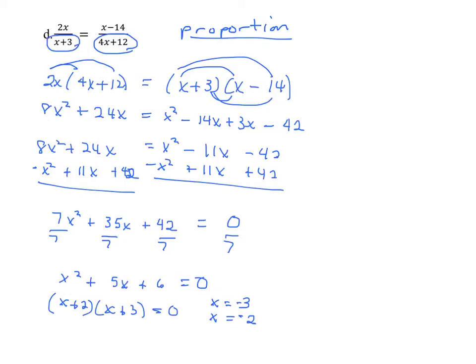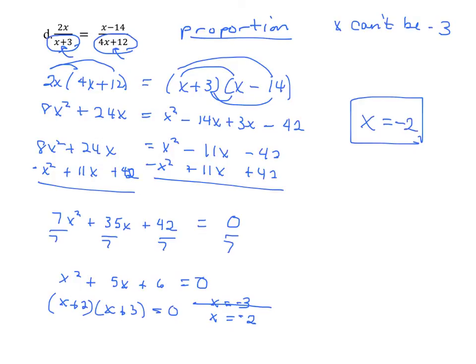If I look at both of these denominators, x can't be negative 3, because if I put negative 3 into this one, it'll become 0. If I put negative 3 into that one, it will also become 0. Did I get negative 3 as a solution? I did, so I cross it off. So the only solution is x is equal to negative 2.